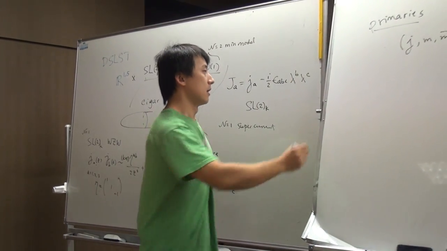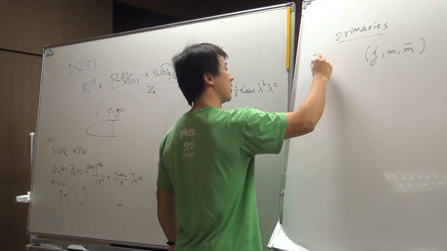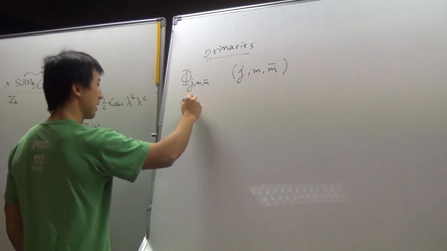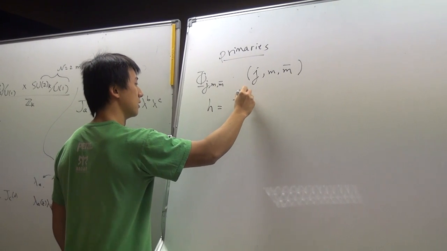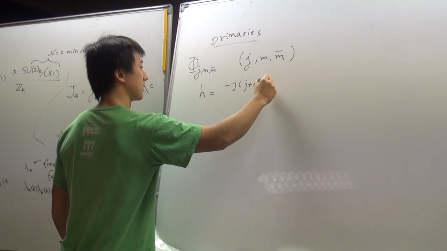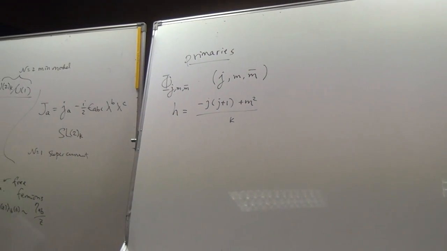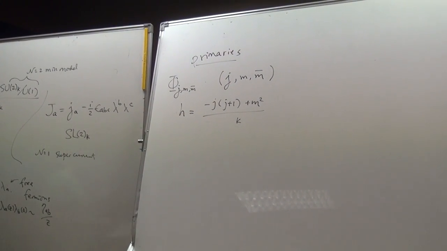I'll call these φ_{j,m,m̄}. As I mentioned last time, this operator will have conformal weight minus j(j+1) plus m squared over k, and similarly for the right conformal weight with m replaced by m bar.